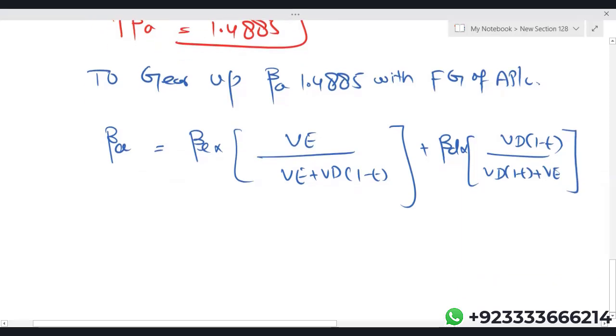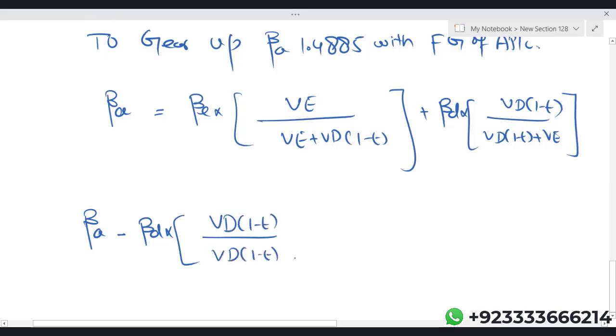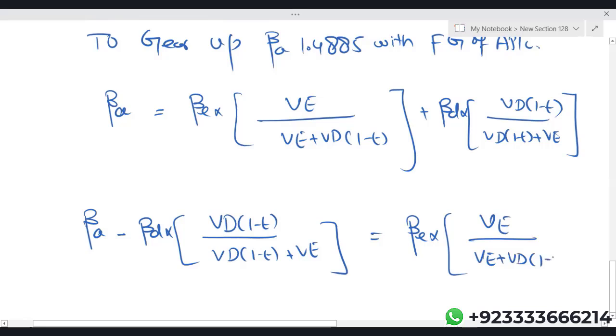This time we need to convert beta asset into beta equity. So what to do? Just keep watching. I can write it like this: beta asset minus beta debt into market value of debt (1 minus tax rate), divided by market value of debt (1 minus tax rate) plus market value of equity, is equal to equity beta into market value of equity plus market value of debt (1 minus tax rate).